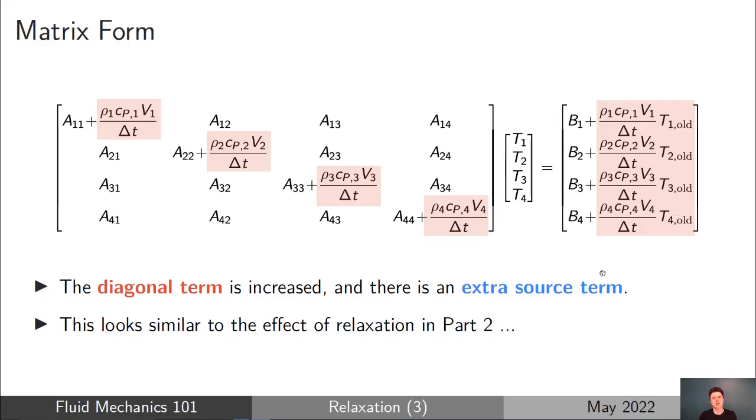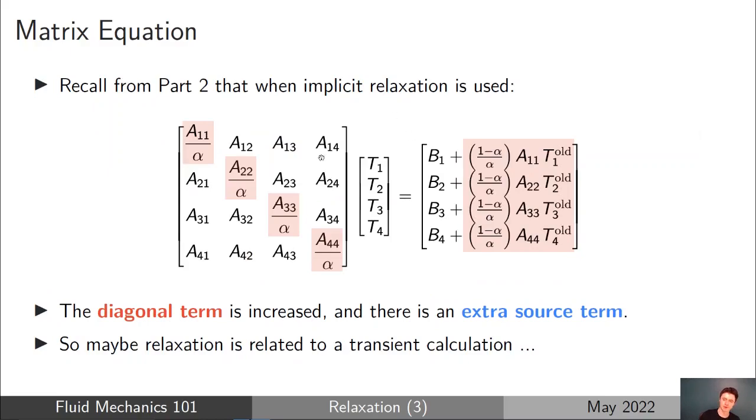So even though these terms have some different mathematics to what we've seen before, the general effect on the matrix equation is consistent with what we saw in part 2 for the implicit relaxation. We've changed the diagonal coefficient and we've also changed the source term. So already we're starting to see that maybe this implicit relaxation method is linked in some way to the pseudo-transient approach.